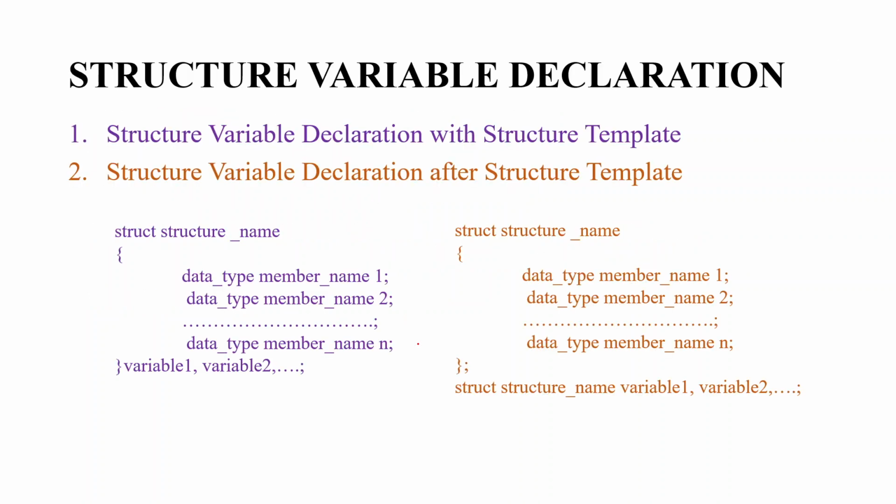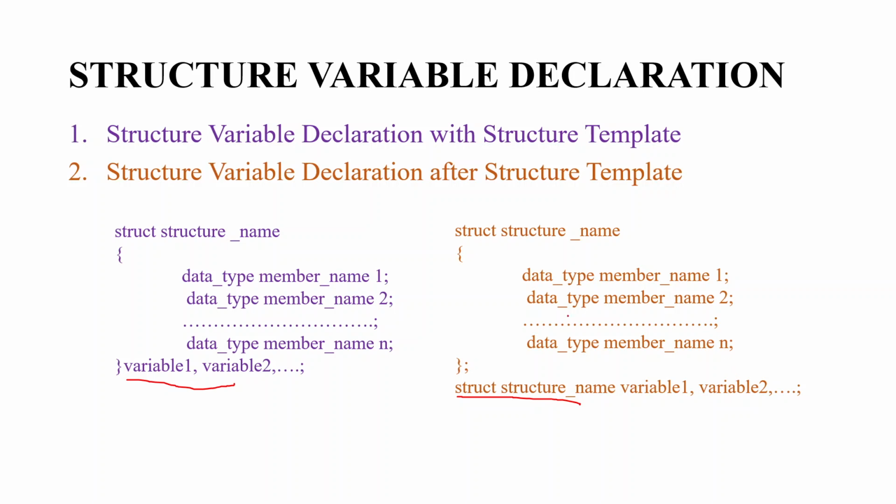There are two ways to declare a variable. One is within the structure template, another is after the structure template. Within the structure template, before giving the semicolon, I will declare the variable. This is one method. Another method is after the structure template. If we are going to declare a variable after the structure template, then we need to use this syntax: struct followed by the structure name, space, variable 1, comma, variable 2.